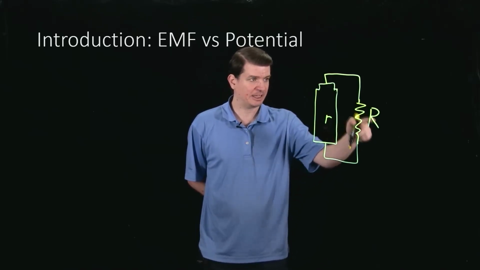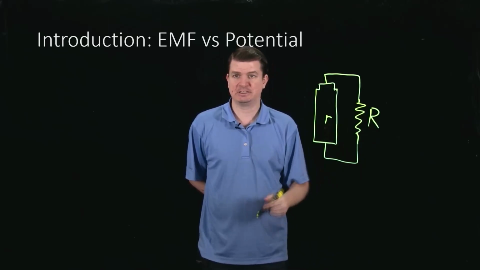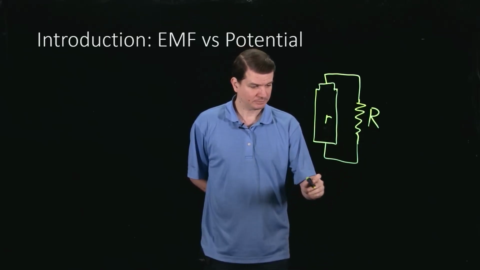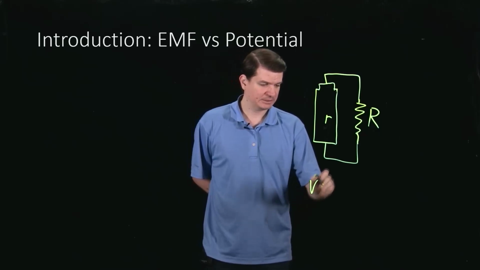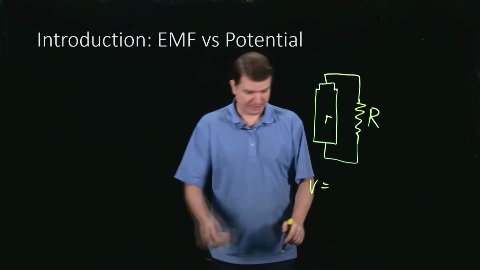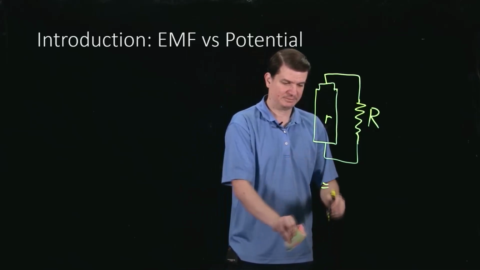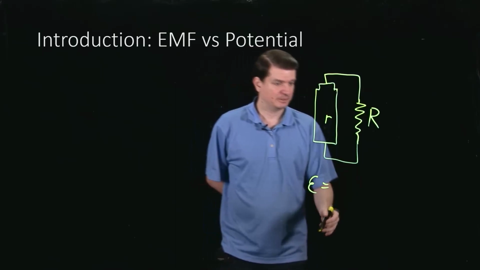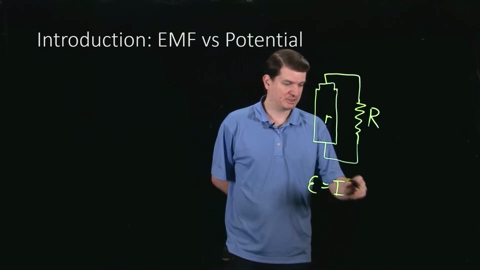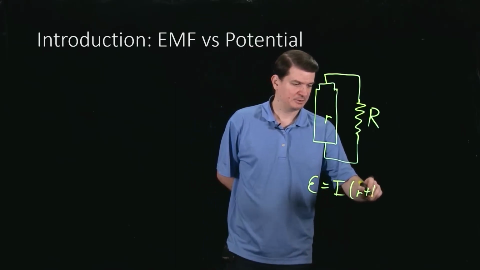And so what do we have? We've got resistors in series, they add. Okay, so that just means then that V, or rather the EMF, is going to be the current times the resistance, R plus r.